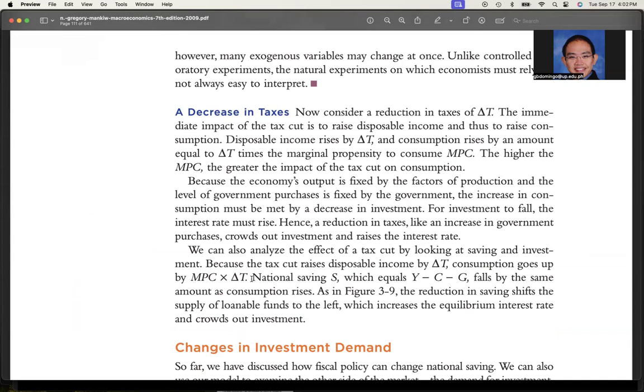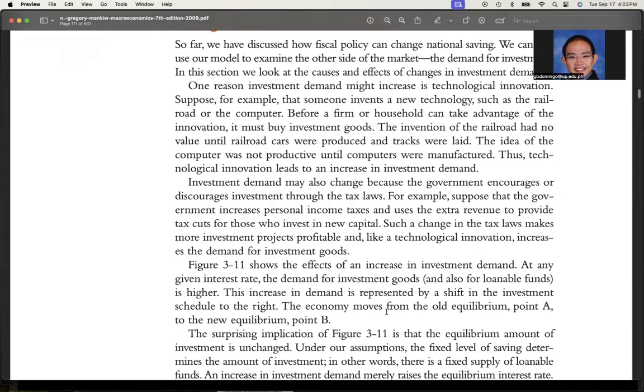And if consumption rises by this much, then national savings will fall. So the sum of private and public savings will go down, right? Because national saving will fall as consumption goes up, as taxes fall and disposable income goes up. All right. So if national savings goes down, then it's in figure 3-9.